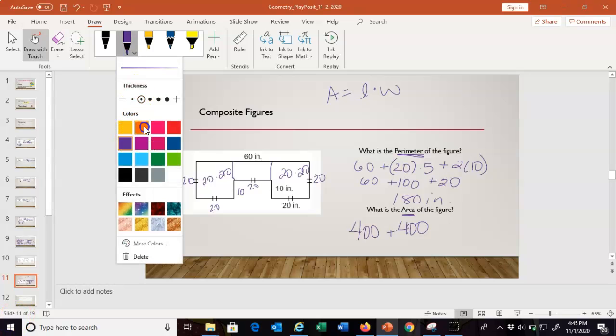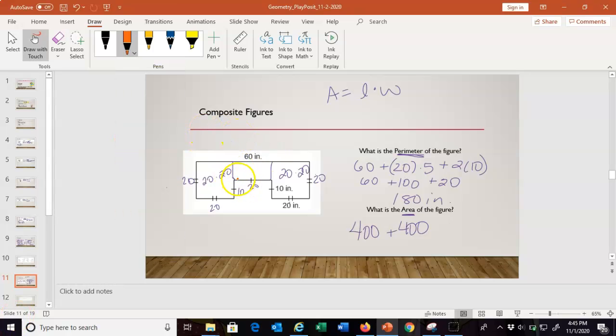And lastly, this is where it gets a little tricky. We know the length of this little rectangle, but do we know the width? Not right off the bat, right? It's not labeled, but could you figure it out? We know the whole side length is 20, and this little piece is 10.